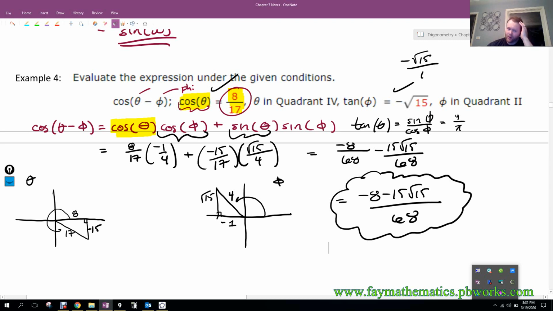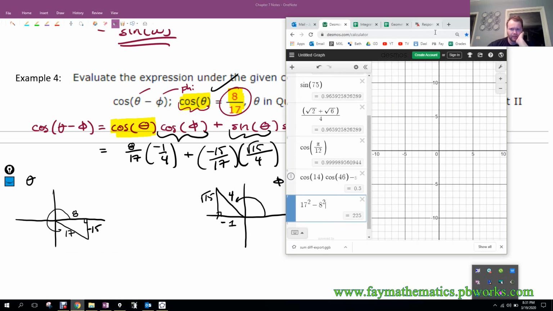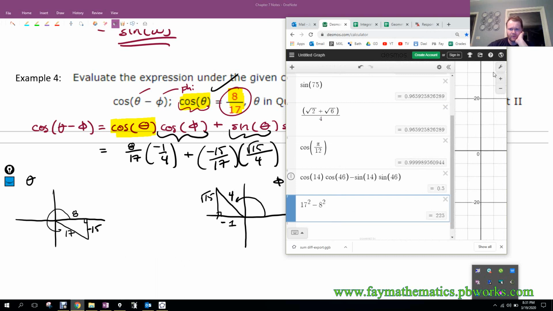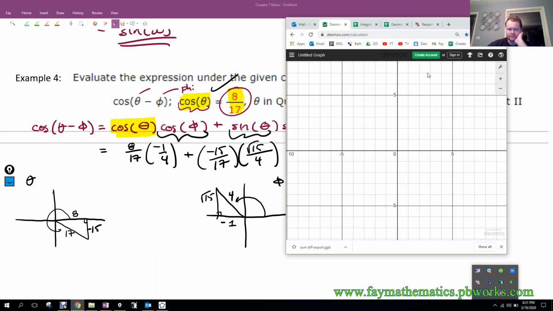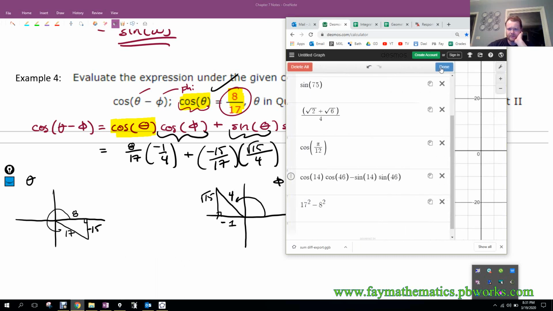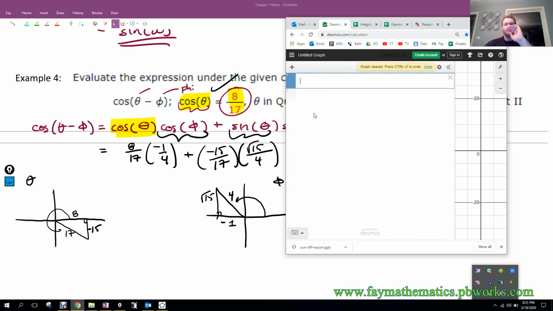Okay. Now there is a way to check this. It's kind of a complex method, but it'll work. We'll come here, delete all of this. So we know that we're in the fourth quadrant here.